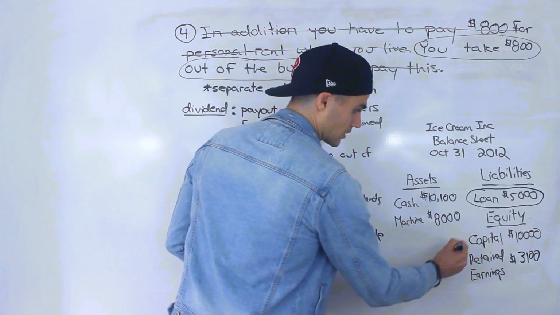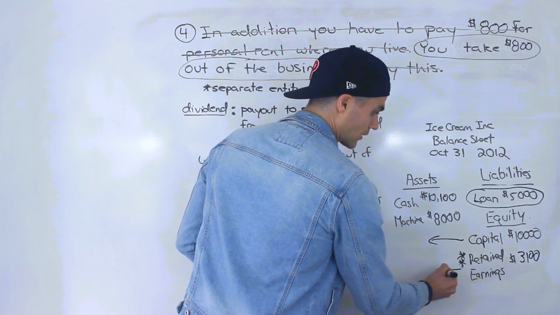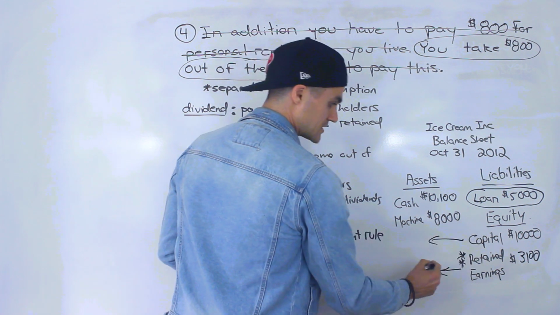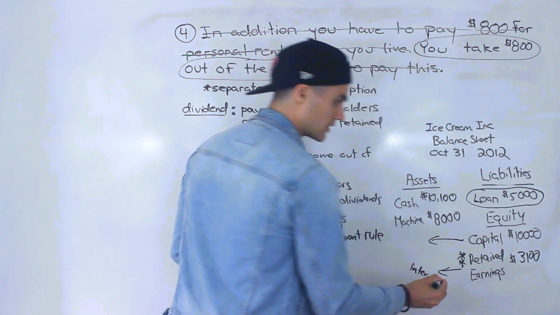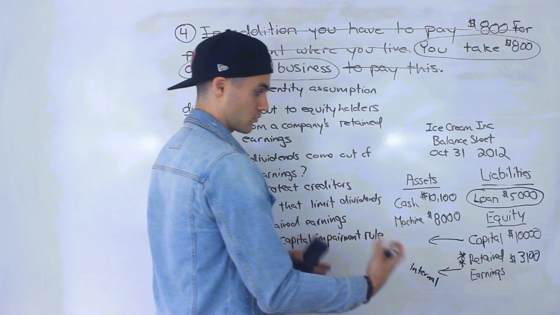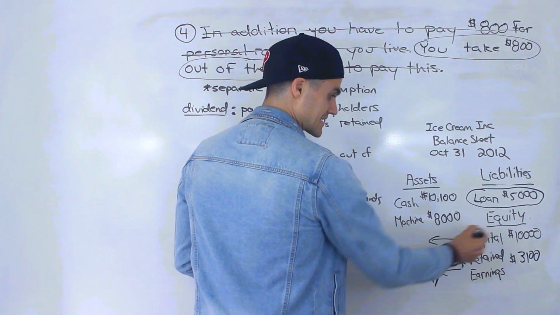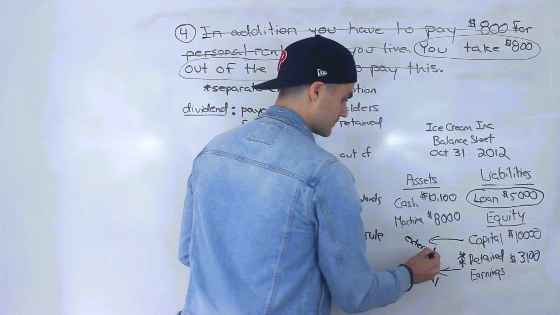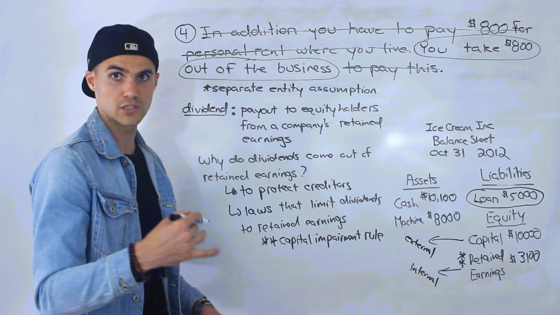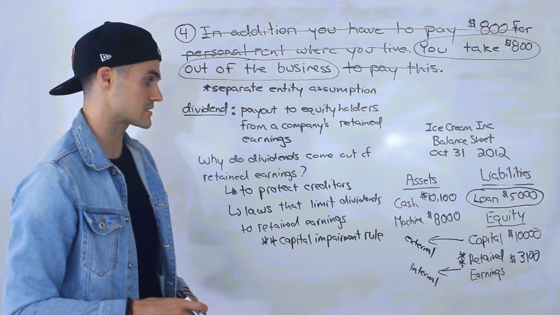Remember, the way we differentiated these two categories, the capital and the retained earnings, was that retained earnings was internally produced profit, while this capital was external finance, which was initially you bringing in the $10,000.